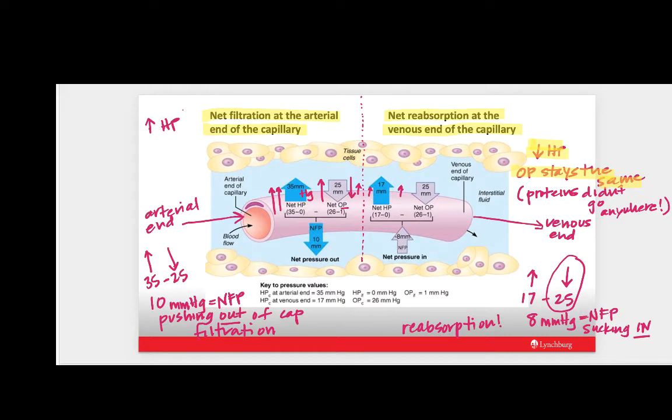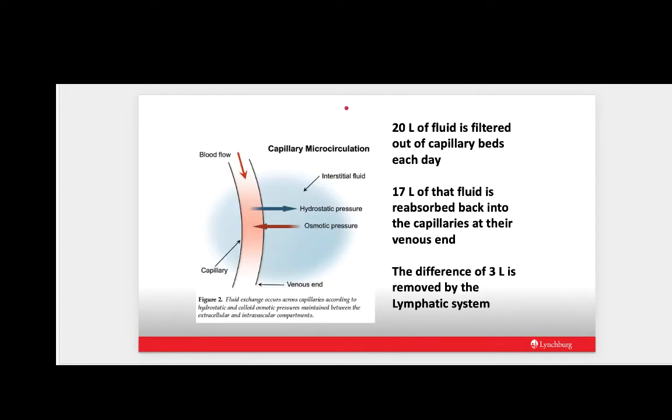Okay, and so this is why, if we look back here, this is blood flow. So this is really our arterial end of the capillary bed. This is going to be the venous end, because we've got blood flow in here.